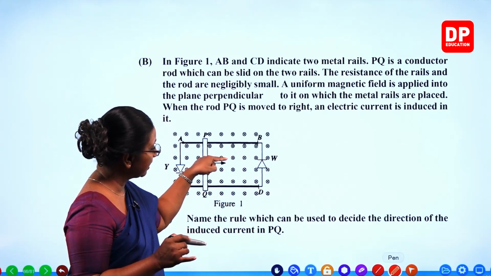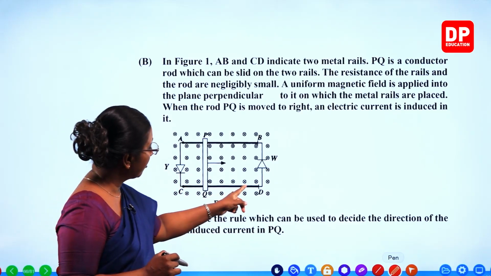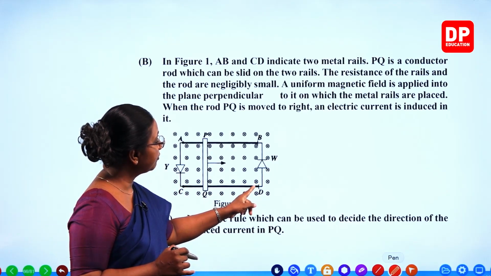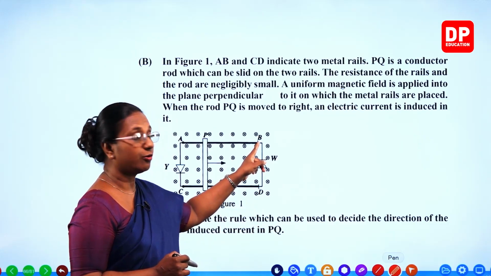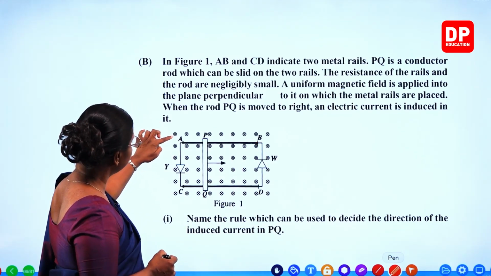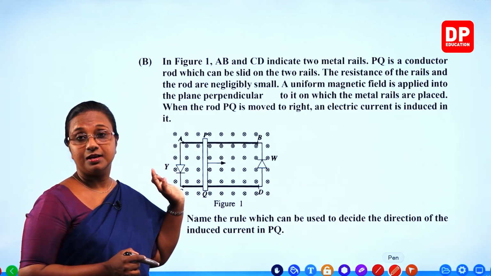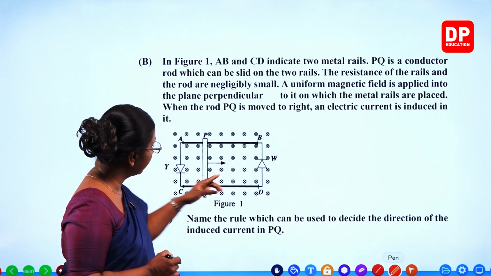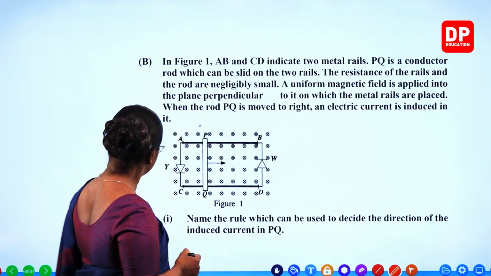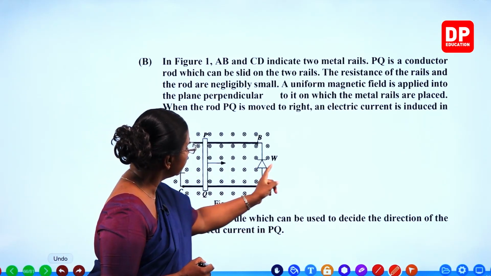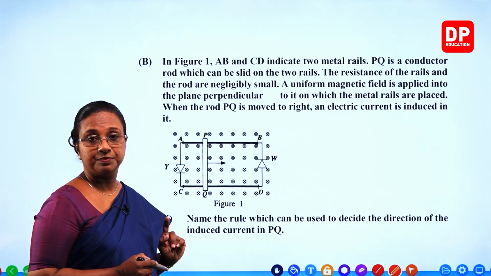A triangle with a line, those are diodes. Now here you can see if current flows from D to B, this diode will light. Whereas here if current flows from A to C, diode Y will light. And here there is an arrow showing the movement of PQ towards BD.